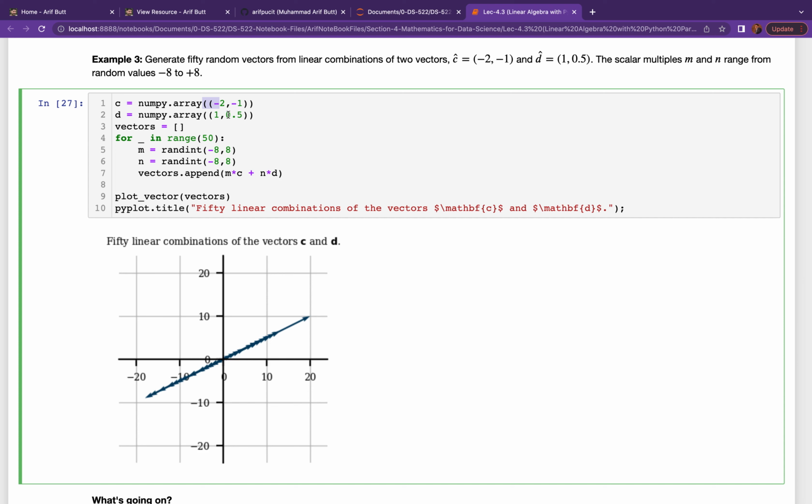So they are actually dependent. We say that these two vectors C and D are not linearly independent, or linearly dependent, and therefore you see a very straight line over here.